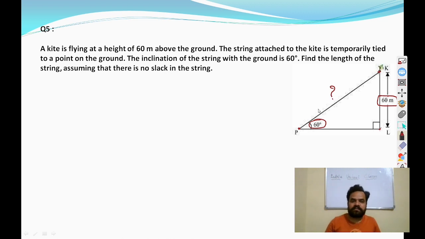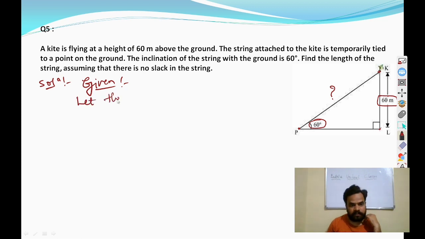So in the given diagram, you can see in the right angle triangle, angle we know, opposite side we know, you need to find its hypotenuse. So opposite and hypotenuse, which trigonometric function? All of you write solution, write given. I will take the height of kite in bracket.